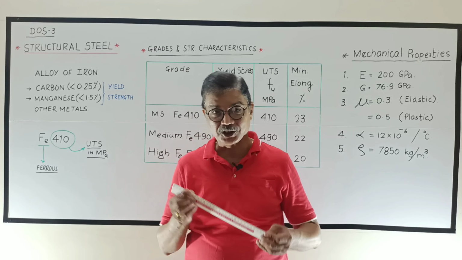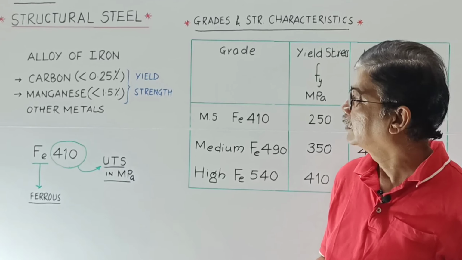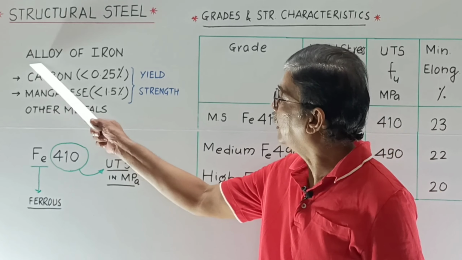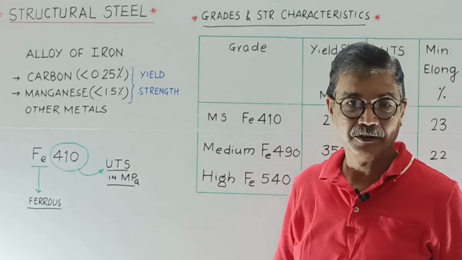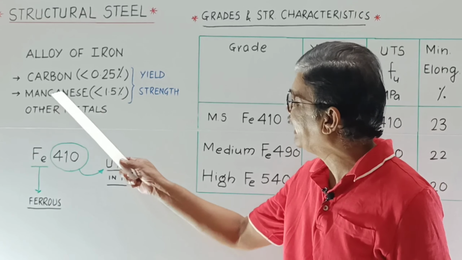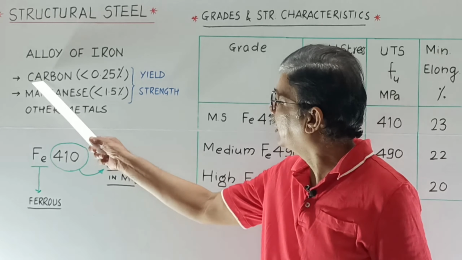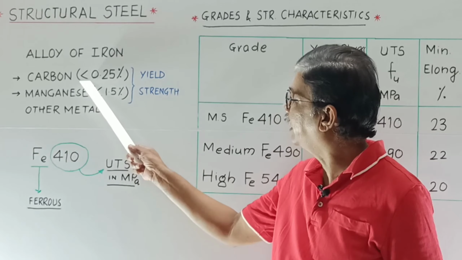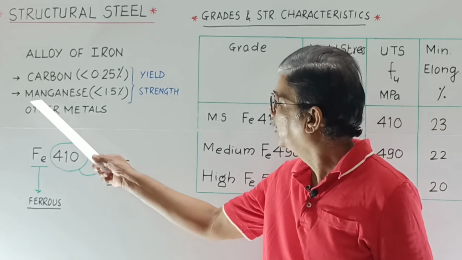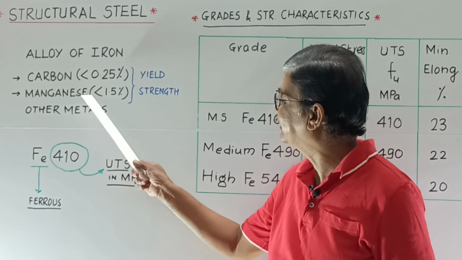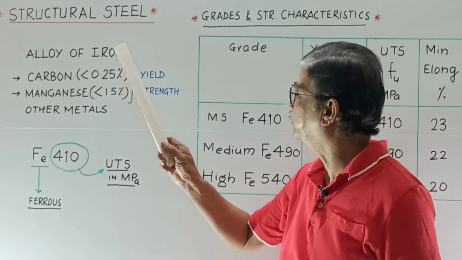Now, what is a structural steel? The structural steel is an alloy of iron containing carbon less than 0.25%, manganese less than 1.5%.